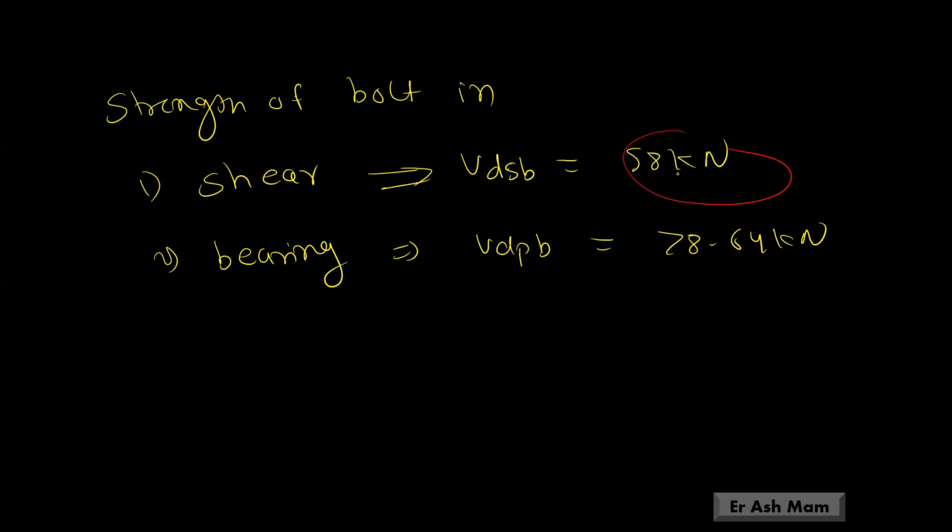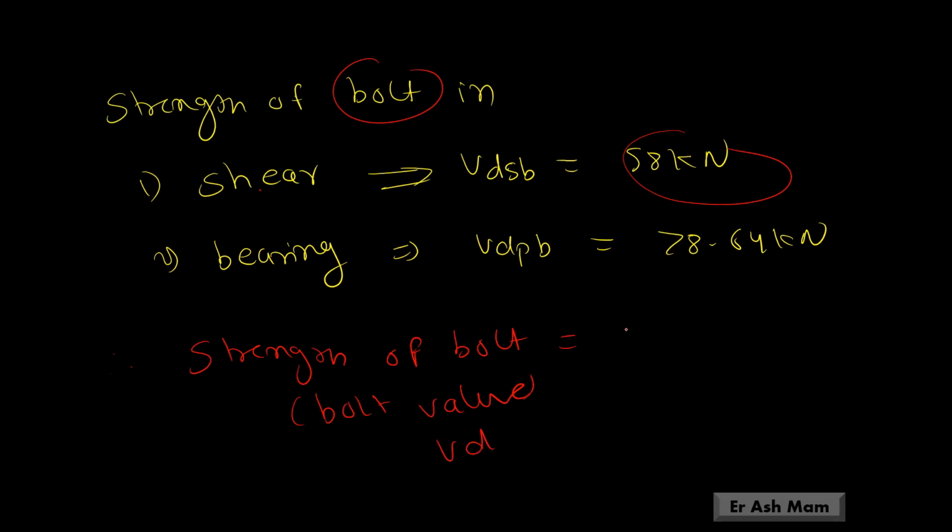If the load crosses 58 kilonewton, then the bolt will fail in shear. Therefore, strength of bolt, or bolt value, Vd equal to the minimum of the shearing and bearing strength, that is Vdsb and Vdpb. So minimum is 58 kilonewton.